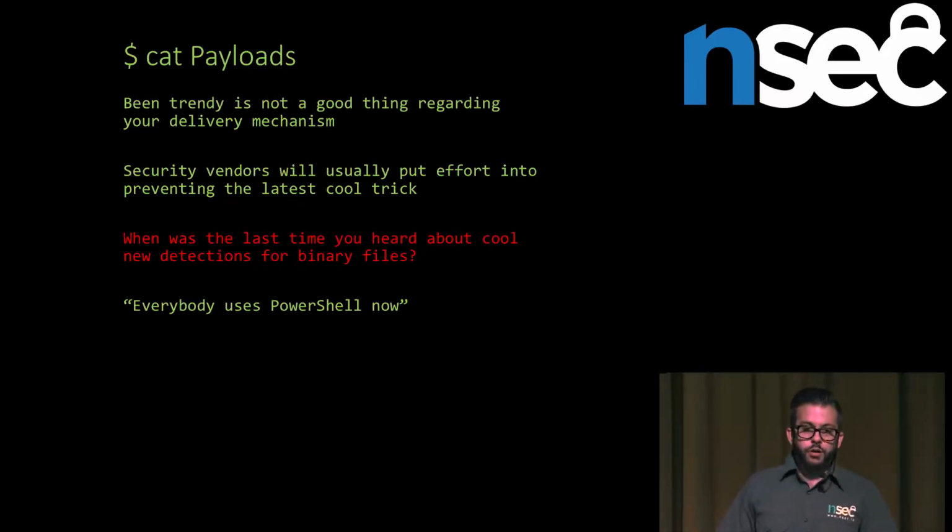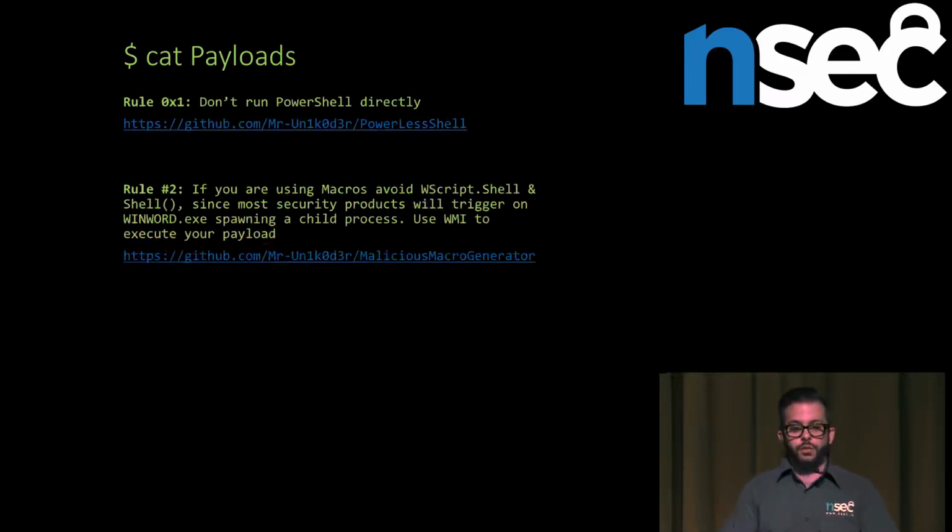They're working really hard on detecting PowerShell as much as they can because that's what people use now. When was the last time you heard someone say, here's the new cool detection against binaries? They don't really care because most people moved to PowerShell. So if you come up with other ways of executing code on your target, it may be super good for you because the chance of being detected is a bit lower.